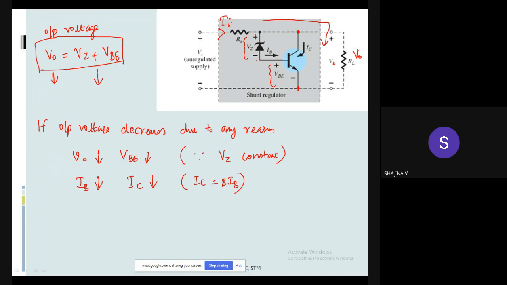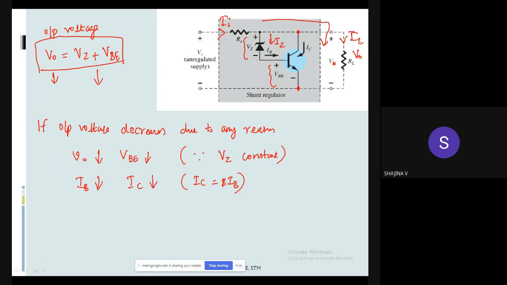Right, this is my input current. And here you have Iz, right? So my input current is dividing such that input current is equal to Iz plus IC plus IL. Here this is IL. So IC decreases means there is no variation in input current.